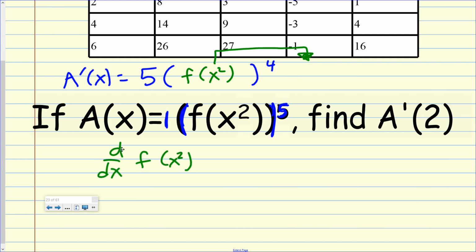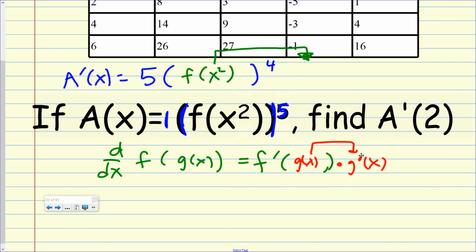It's a chain rule within a chain rule, right? So what's the derivative of f of g of x? Isn't that equal to the outside, leave the inside alone, then take the derivative of the inside and multiply them together, right? What's the inside of this problem?